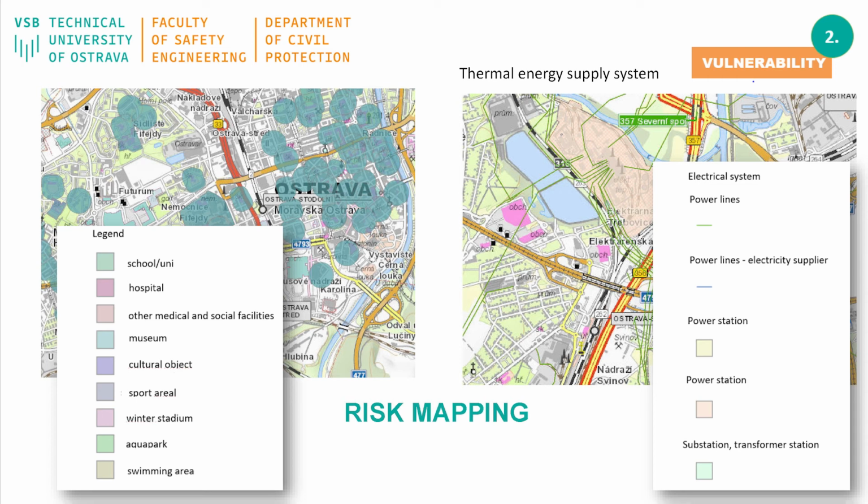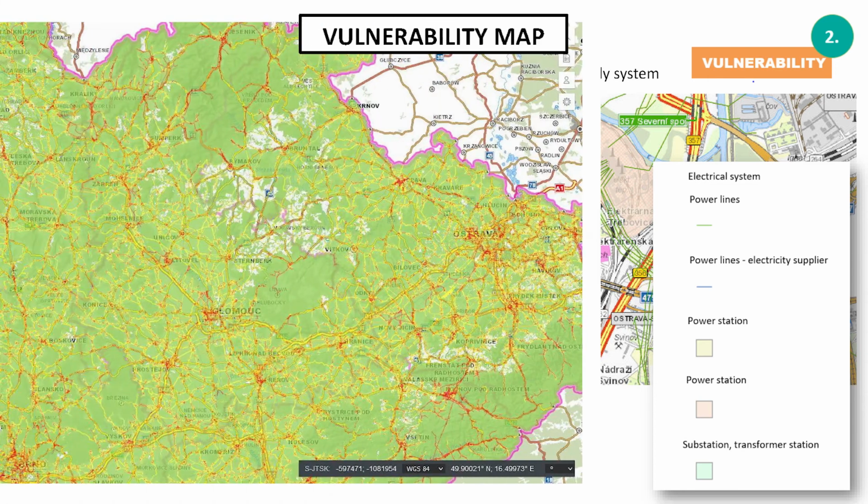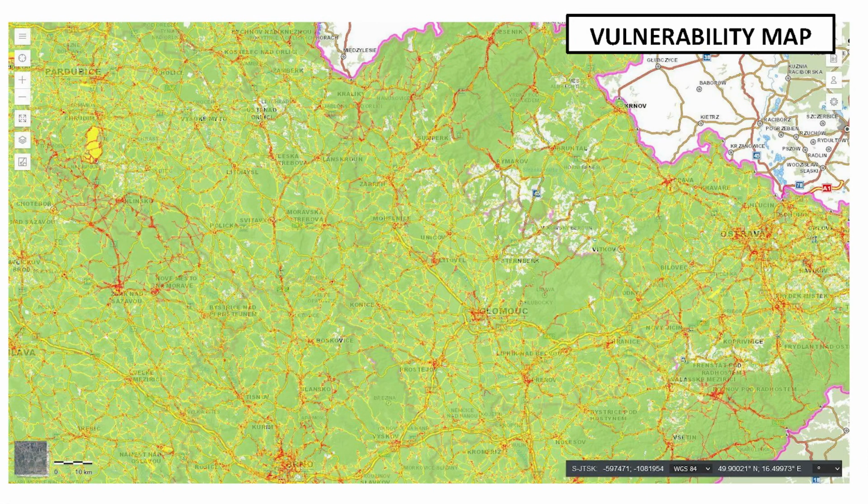And here is the electrical system. When we put all elements together, we have this map, and we can use the information. And this is the same point as how you evaluate the hazard map.